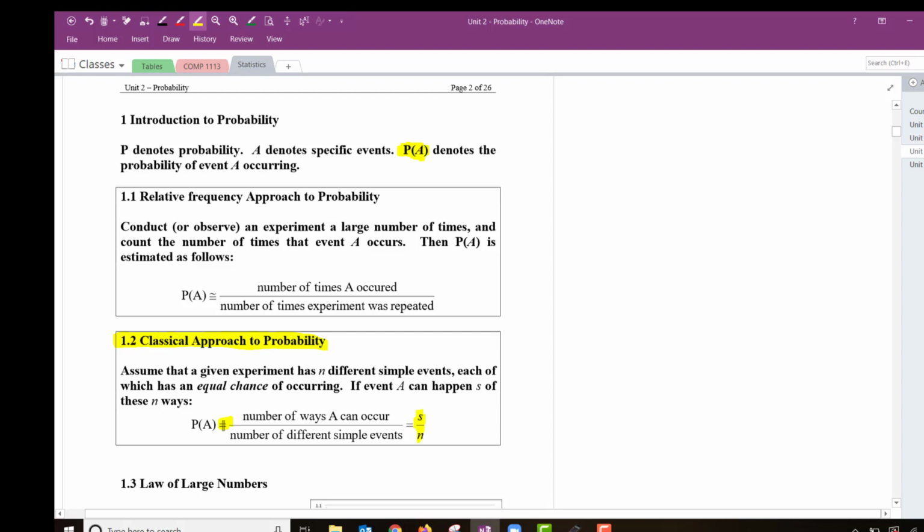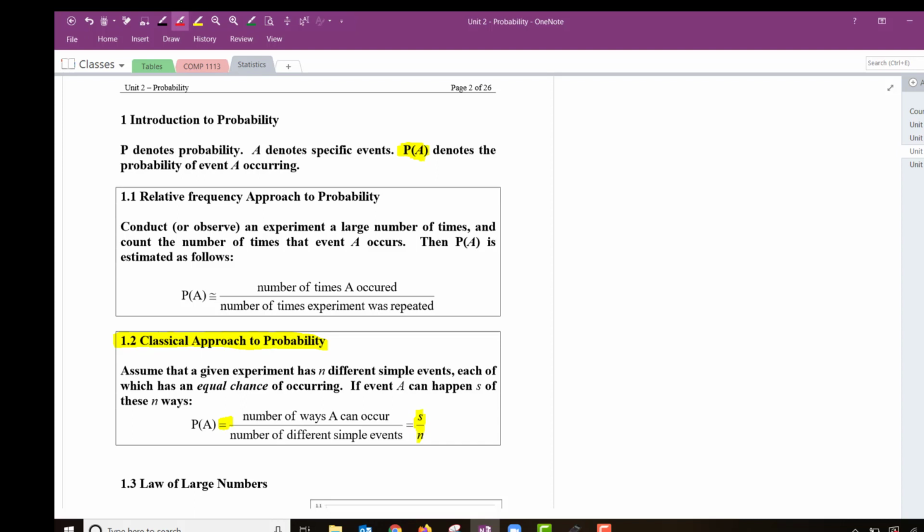What's the probability of drawing a red card from a deck of cards? You count how many cards there are, that's 52, and half of them are red, so 26. So 26 out of 52 is the probability of drawing a red card, and we get the exact probability.